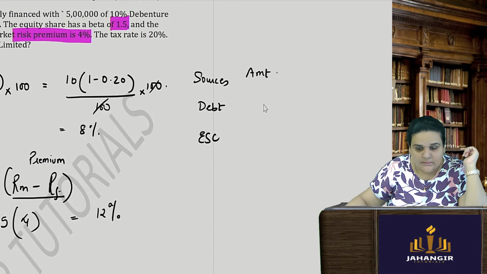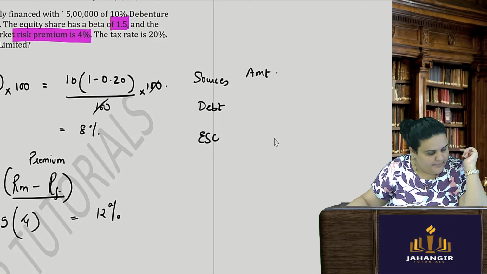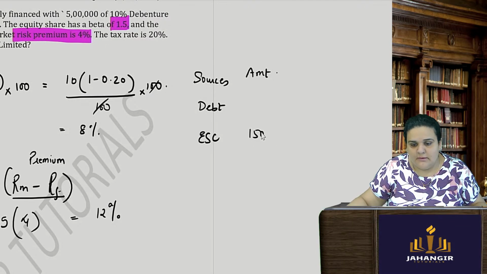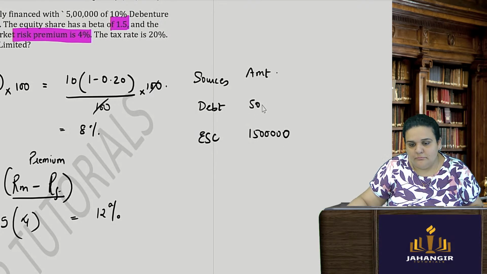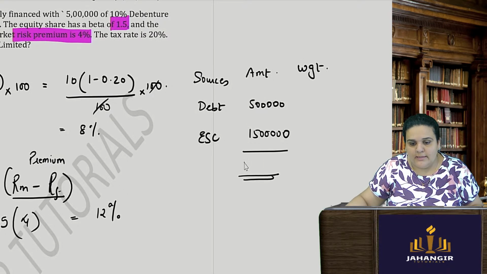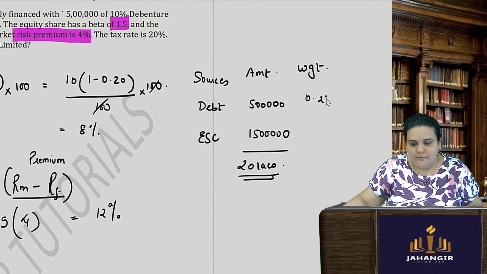Equity share capital is 15 lakhs and debt is 5 lakhs. Okay, weights I have already told you all how to assign. So the total is 20 lakhs. So this will become 0.75, 0.25.